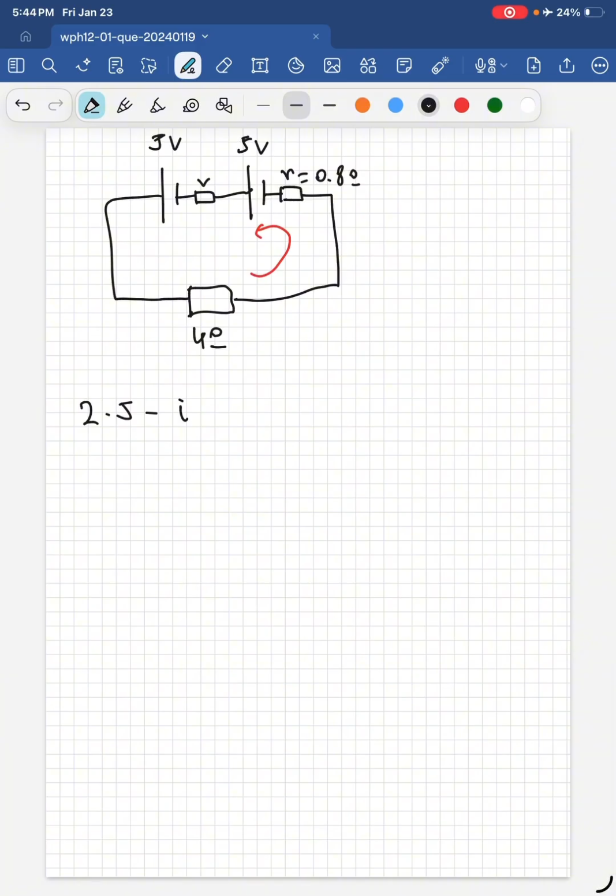Minus the current, let's call it I, minus the current times 2 times the internal resistance plus this guy, which we will call capital R, is 0, right? So we have 10 equals 5.6 I. So I is 1.79 amps.